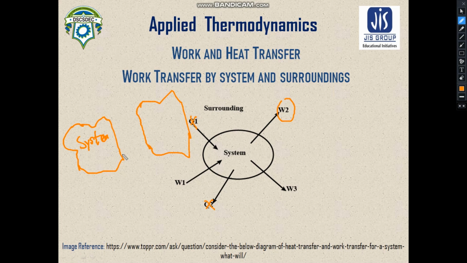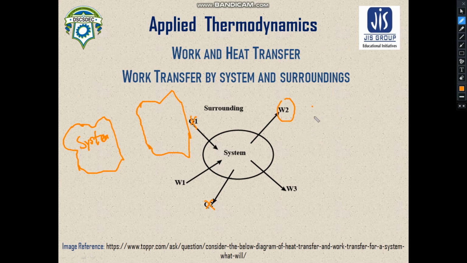Now there is a general sign convention that if work is done by the system, then it is treated as positive work. But if the work is done on the system by the surroundings, then it will be treated as negative work.